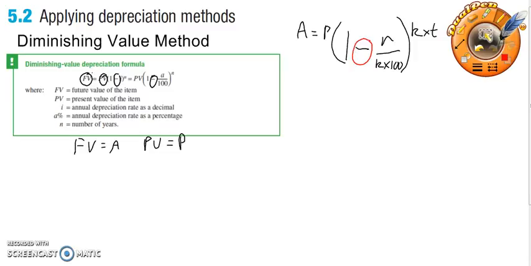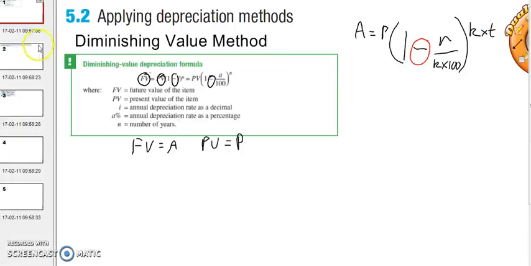Everything else about how we solve these problems, all the strategies, all the working out we've done before, as you will see when I do a couple of examples, is exactly the same. You just need to remember if it's going down, which means it's diminishing, we are subtracting, we are not adding.